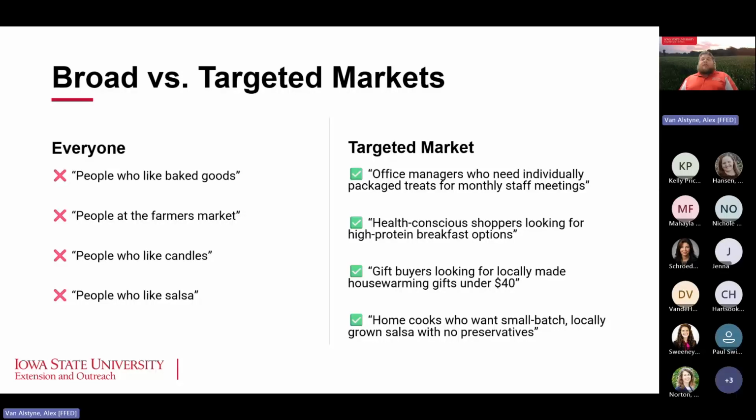Office managers buying treats for staff meetings, health-conscious shoppers looking for high-protein breakfasts, gift buyers with a price point in mind, or home cooks who care about small batch and local ingredients. The product might be similar, but the message, pricing, and sales approach change completely once the market is clearly defined. This level of specificity is what makes small businesses competitive.